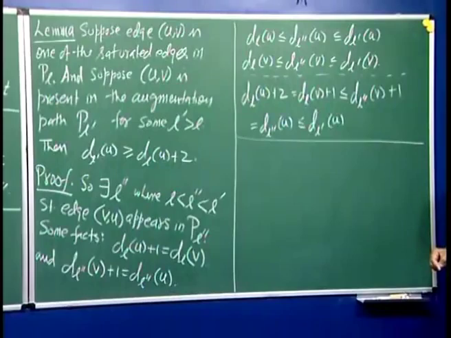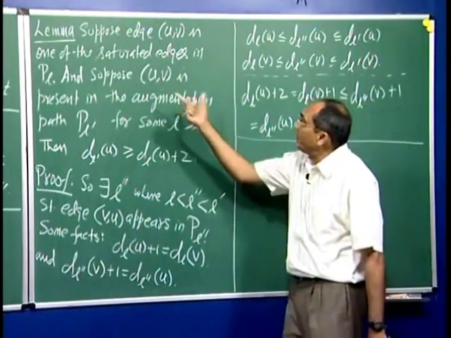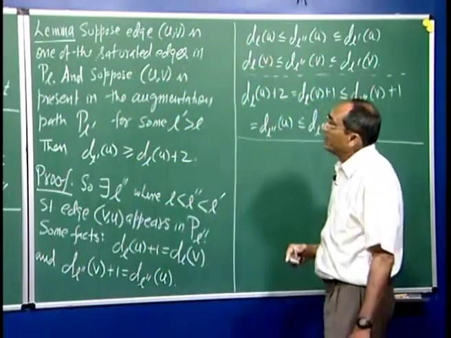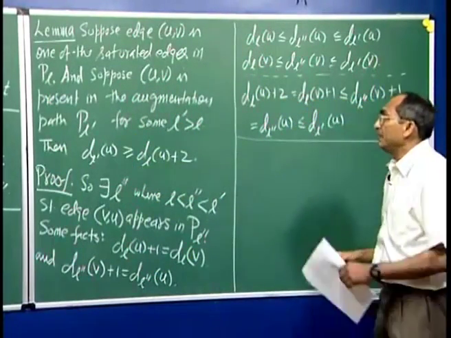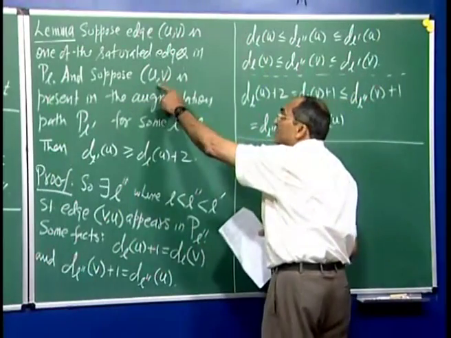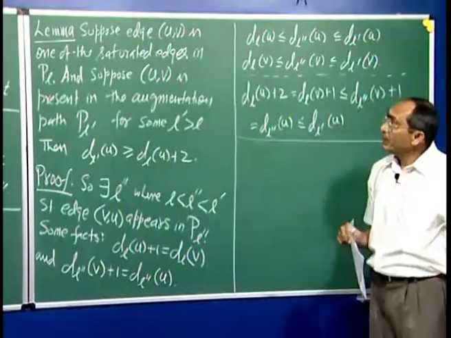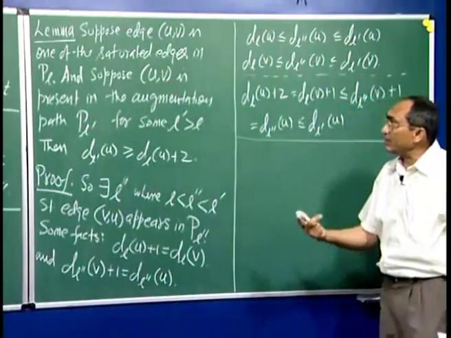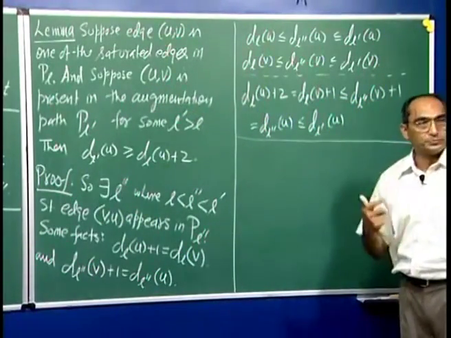So what we notice is that if the same edge reappears on a subsequent augmentation path, and in the first occurrence it was a saturation edge, then the distance of vertex U increases in the second occurrence by at least 2.